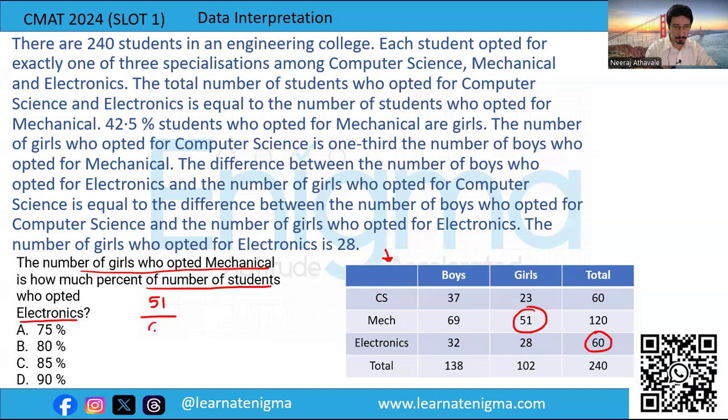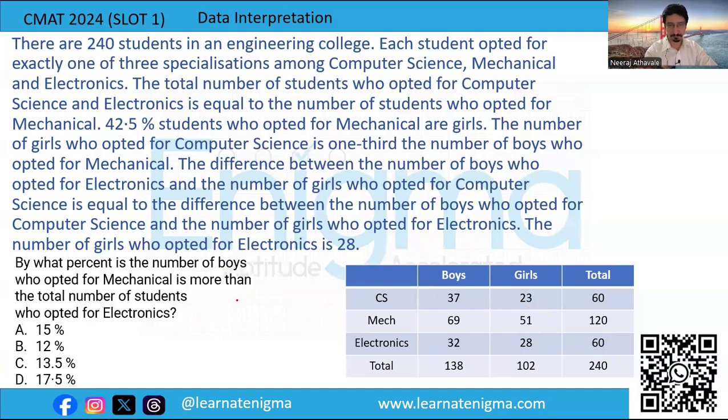So 51 upon 60 into 100. That will be our equation. So 0 gets cancelled out. 51 divided by 3 will be 17. Therefore the answer will be 17 5s are 85. So answer will be option C.